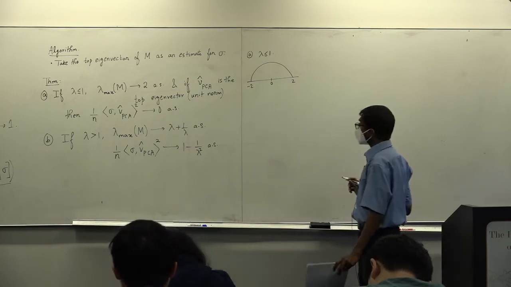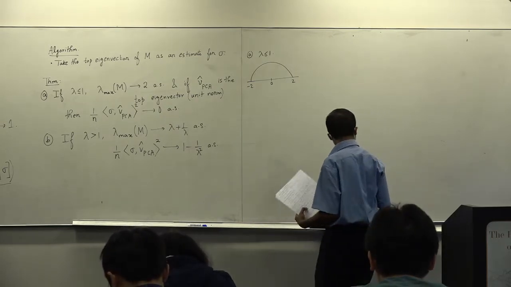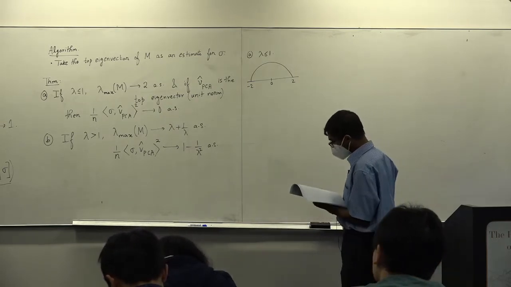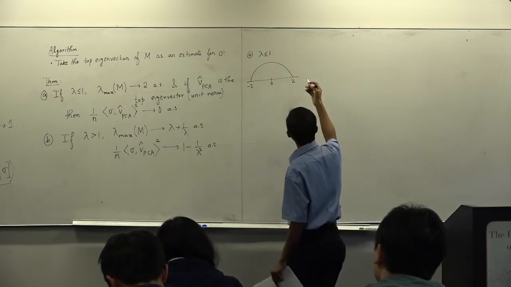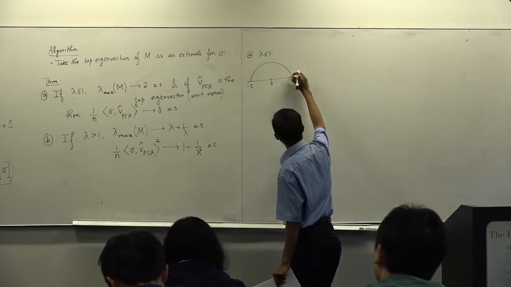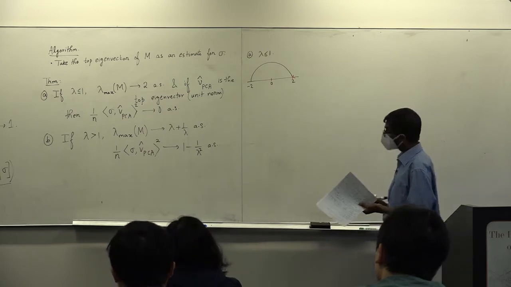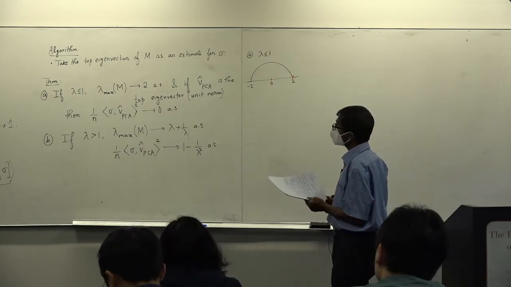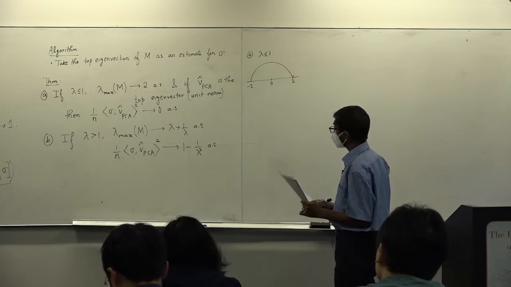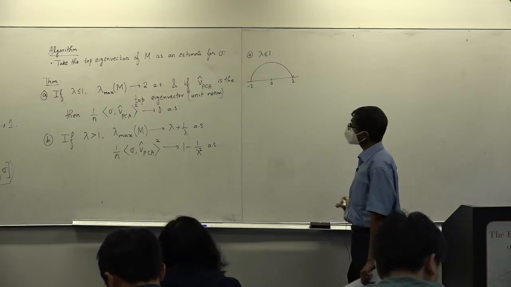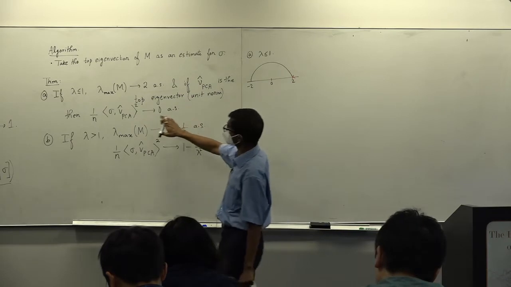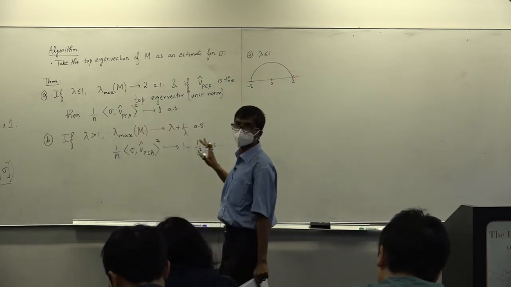And the largest eigenvalue essentially sticks to the edge here, and the corresponding top eigenvector doesn't have any correlation with the planted truth.